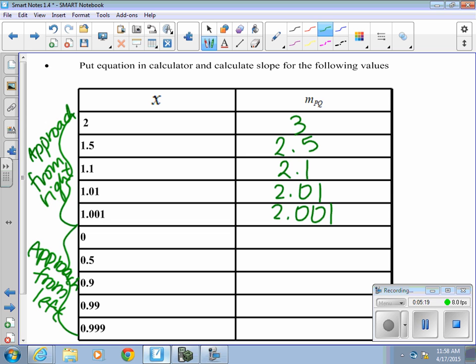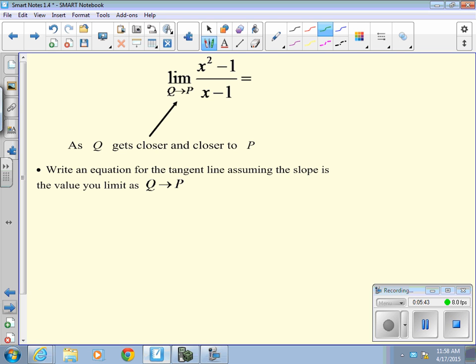And then when we plug in 0, we get 1, 1.5, 1.9, 1.99, 1.999. You notice, as we look at these values, we're getting closer and closer to 2. Is that the same thing that's happening from the left? 1, 1.5, 1.9. It's also getting closer and closer to 2, which tells us that our slope is probably 2.